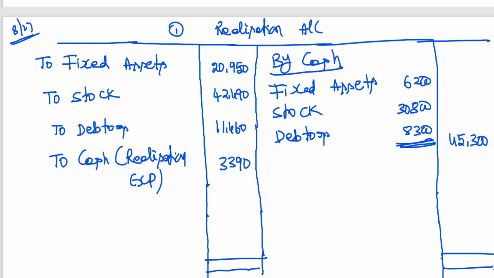So 20,950 plus 42,490 plus 11,460 plus 3,390, 78,000.